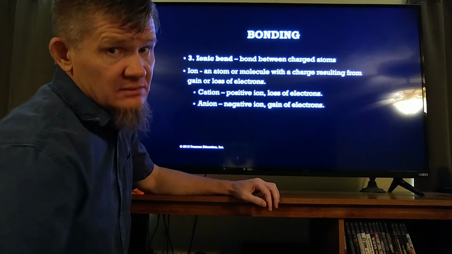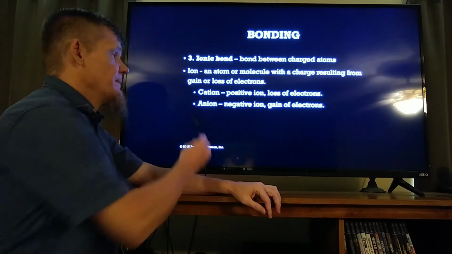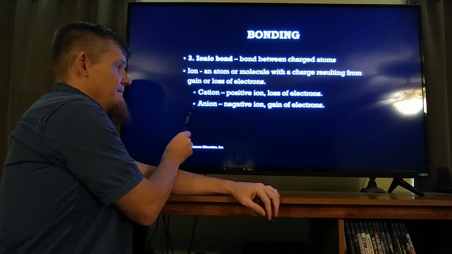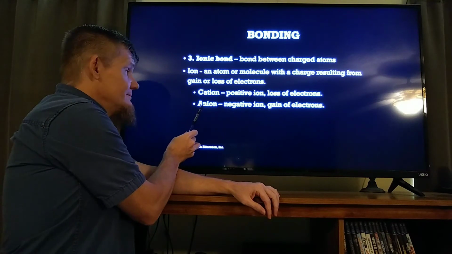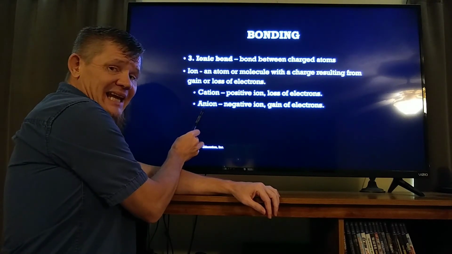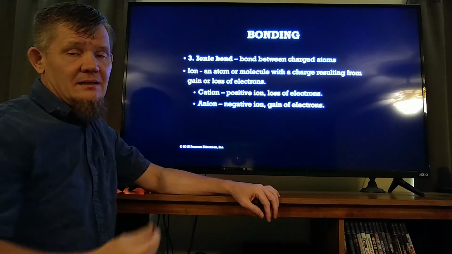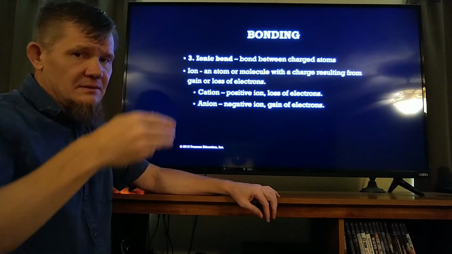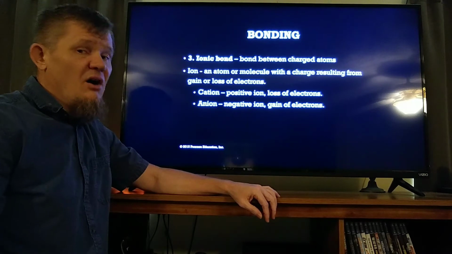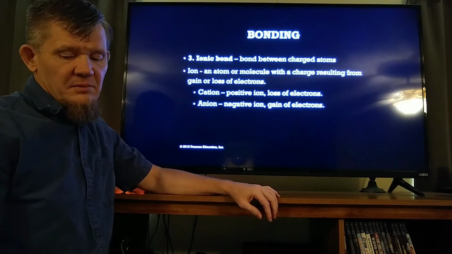The way I was taught, the way I still remember it, is anions are negative ions. Anions are negative ions. If anions are negative, then cations have to be positive.